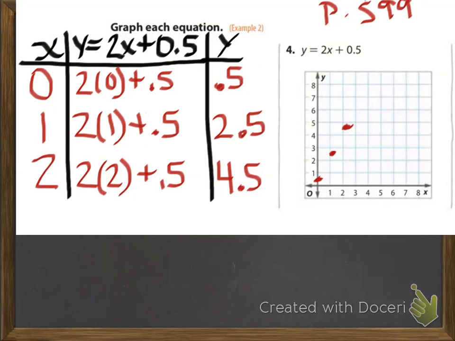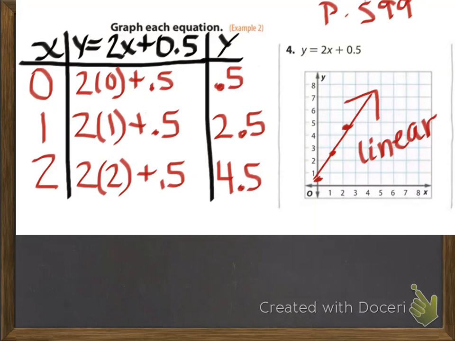Now the last thing that you should do is connect the dots, end with an arrow because this line is continuous and it keeps going. And since it makes a straight line, then you would also say that it is a linear function. Okay, we're just getting ready for tomorrow's lesson, which is adding that one more step.